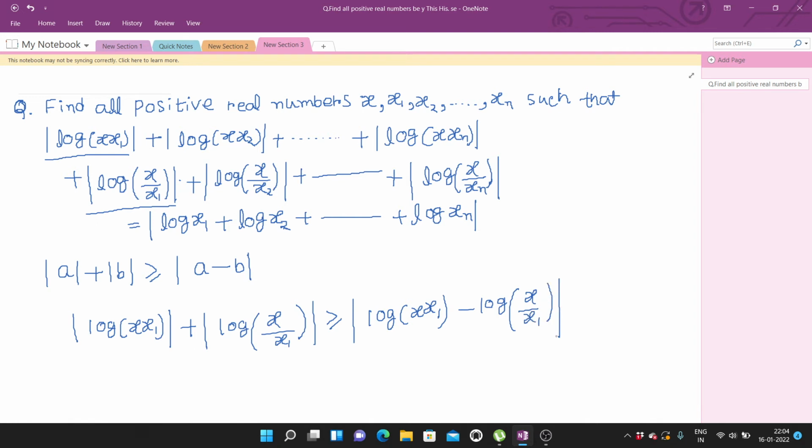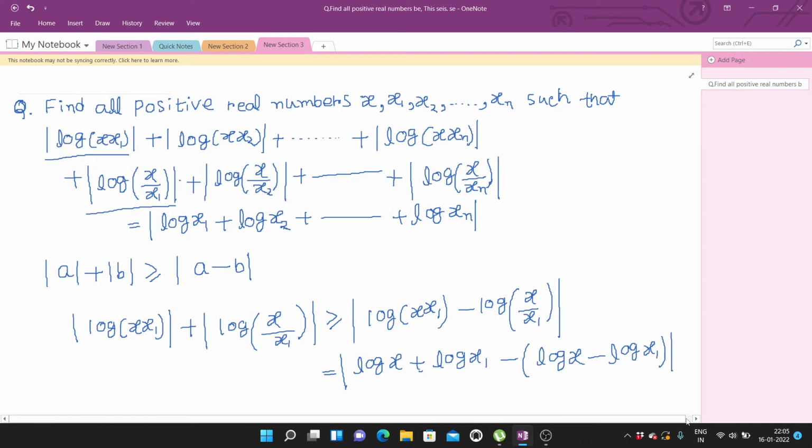Now we have to use the properties of logarithms. Using them, this becomes log of x plus log of x1, and this becomes log of x minus log of x1.